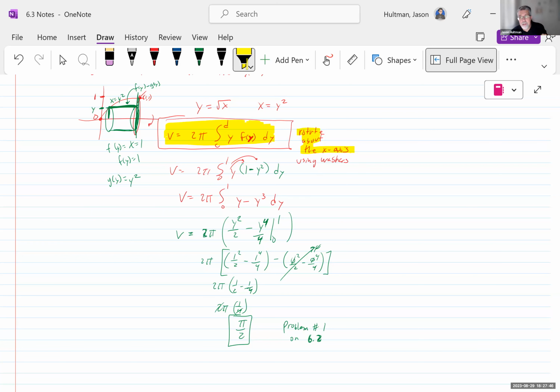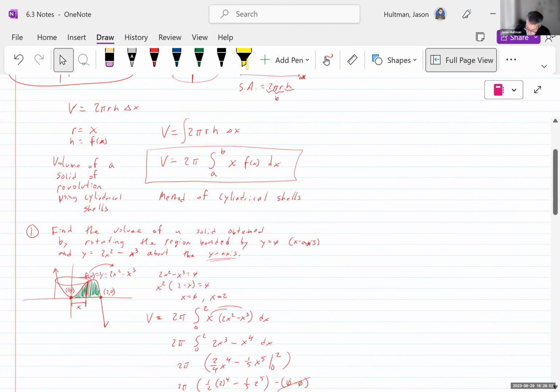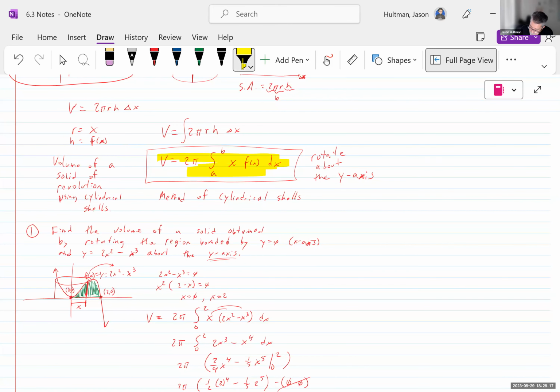If we rotate about the x-axis, we have to solve the function in terms of y. f of y is g of y. Whereas before, we had this guy, and this is rotate about the y-axis. Just note that in your notes. You can go back and note that in your notes. This is rotate about the y-axis.